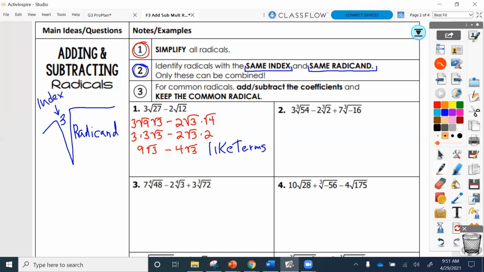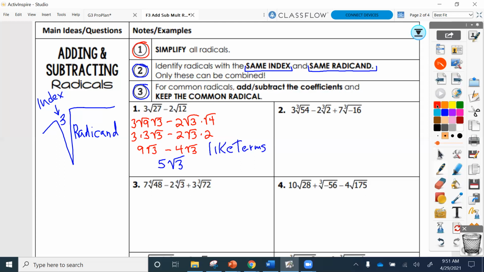So we have 9 minus 4 root 3s, or 5 root 3s. So really 2 and 3 are combined. So once we've identified that we have like terms, then we can just add or subtract them.